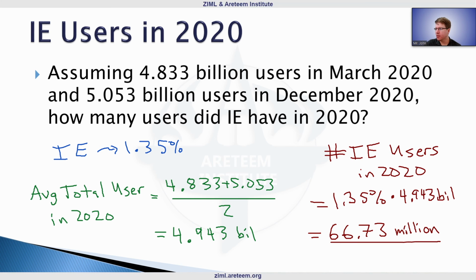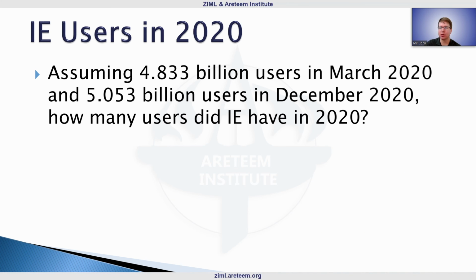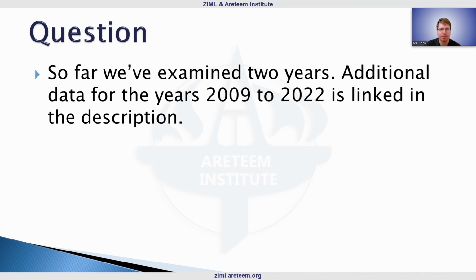So, what are some questions and extensions we can do from here? So far, we've just examined those two years, 2010 and 2020. You can do a lot with that. You can look back, compare the two tables, compare the two charts, compare the number of users. That does give you a good indication of how things changed. But as I mentioned, I am linking additional data from those other years below.